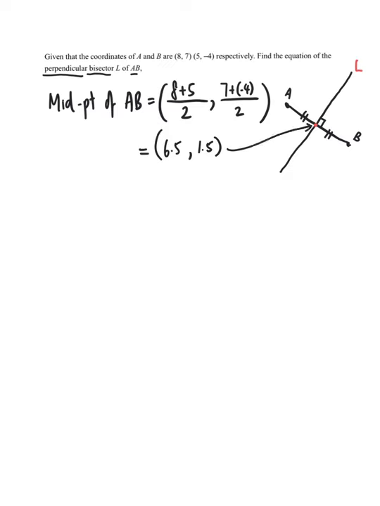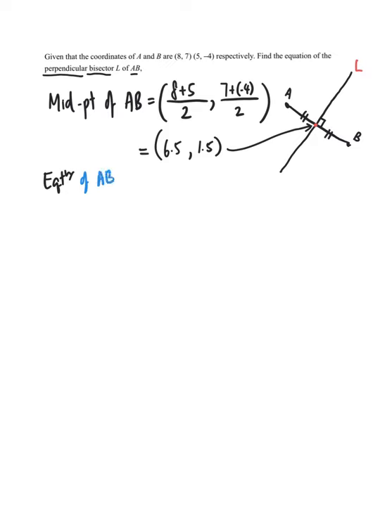So for now, we have a point that lies on the line L. Apart from that, we don't know anything about the line L. But what we know is that, in relation to AB, the slopes are perpendicular to each other. So we're now going to find the slope of the line AB first, by finding the equation of AB.